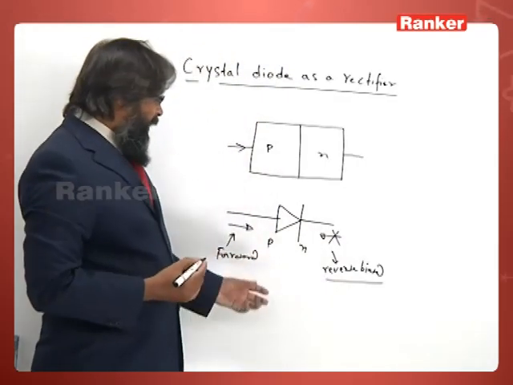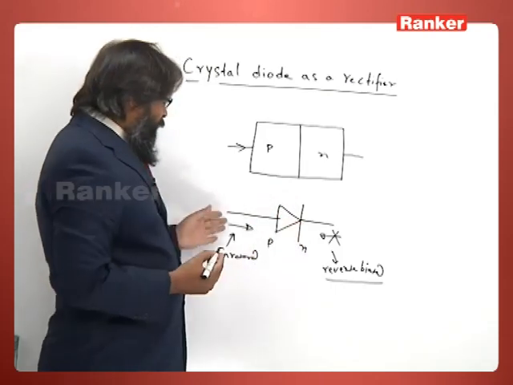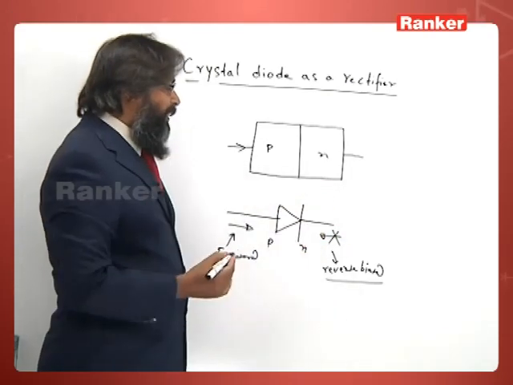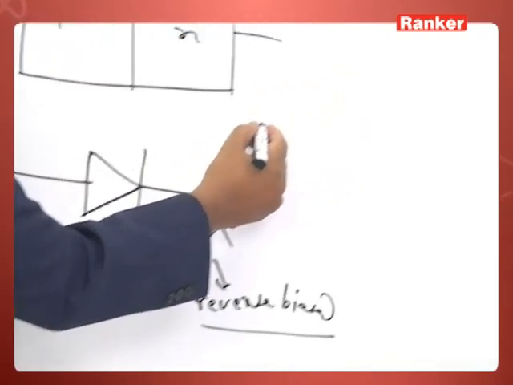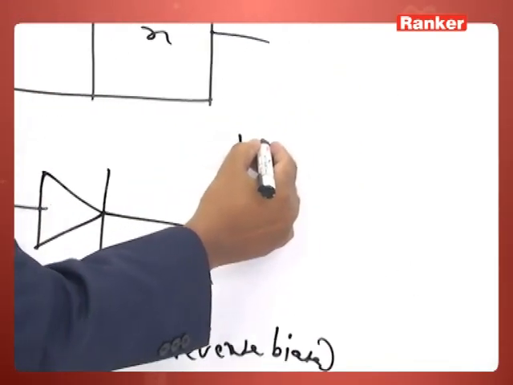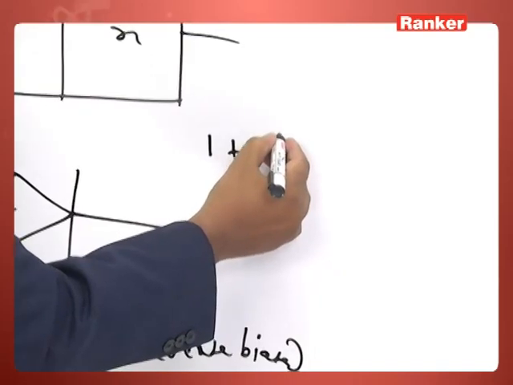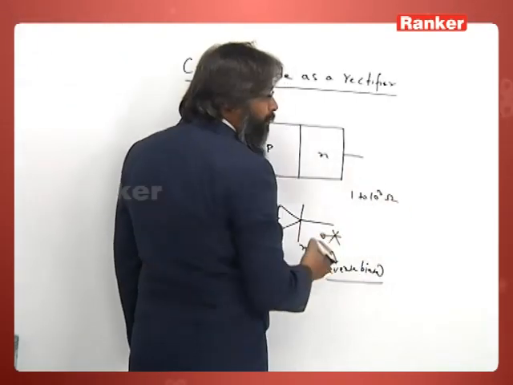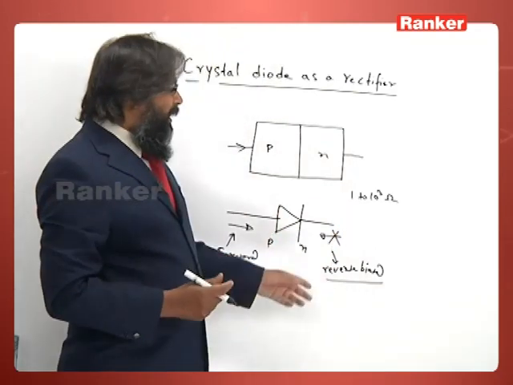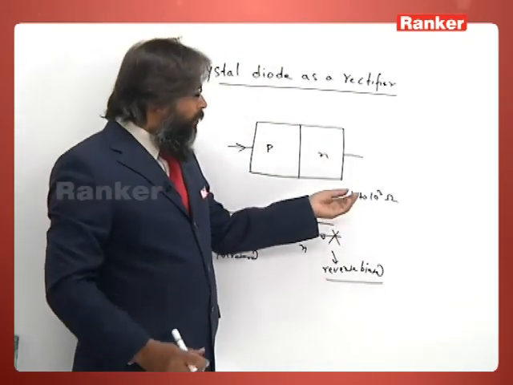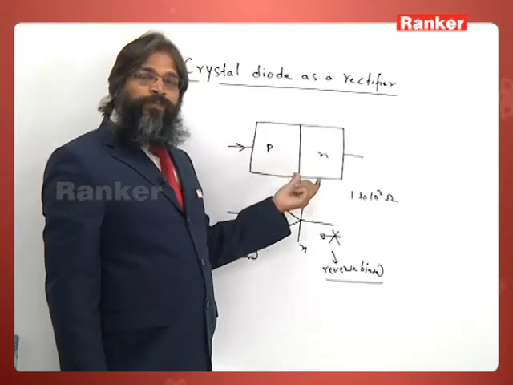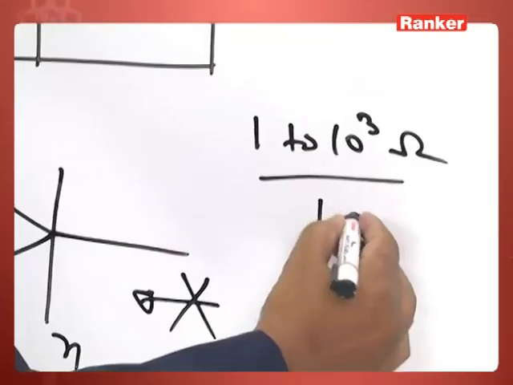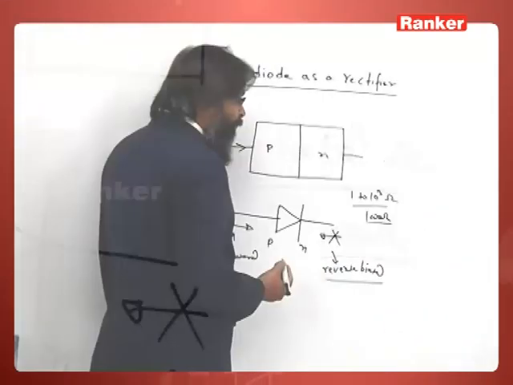Now, this PN junction offers a very small resistance to the forward current, of the order of 1 to 10 to the power 3 ohm. That means 1 to 1000 ohms, generally 50 ohms or 100 ohms, depending on what type of diode it is. So, maximum nearly 1000 ohms.